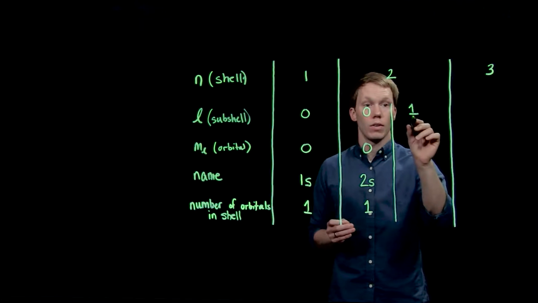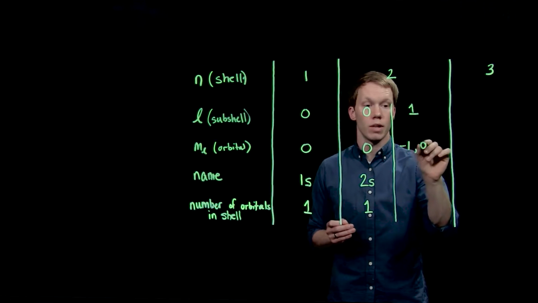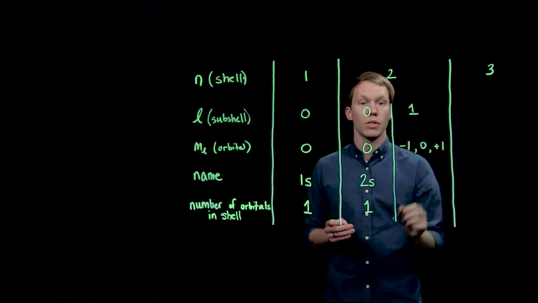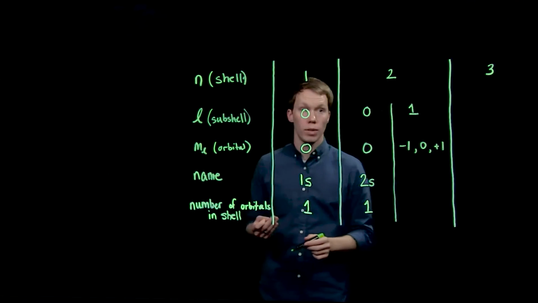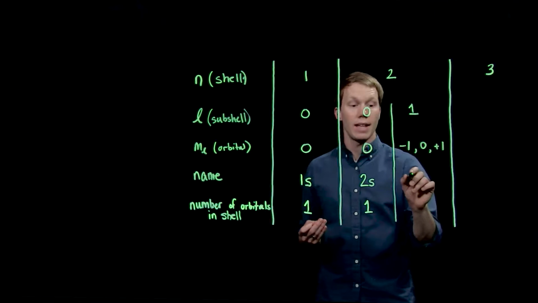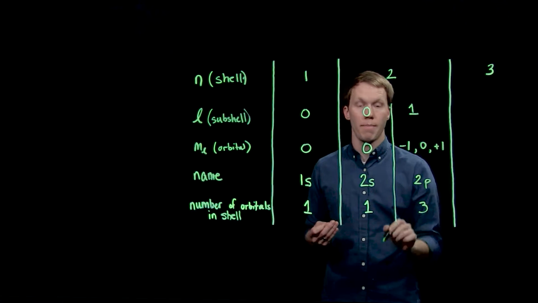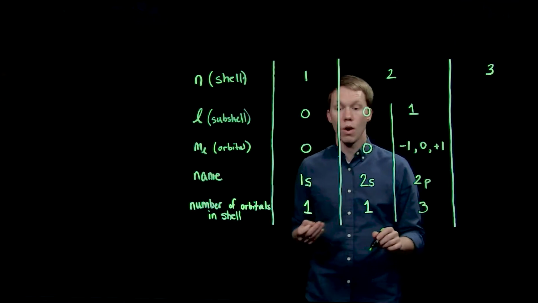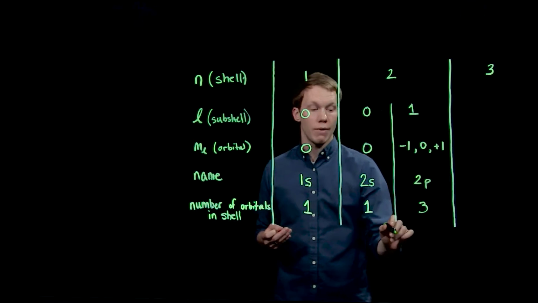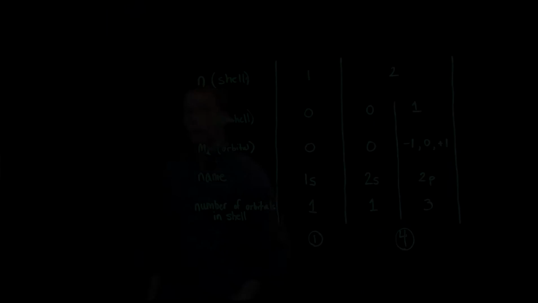The L equal 1 subshell would give me values of minus 1, 0, and plus 1. So there are 3 p orbitals within the n equals 2 shell, and these are called the 2p orbitals. There are 3 of them of that type. So total orbitals I would have 4, and here I just have 1.